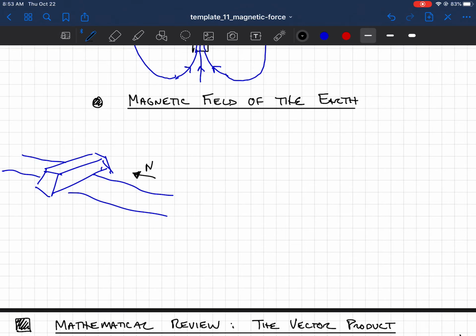If you're standing there with your compass, you will see that the compass needle points to the north. So the compass needle points to the north, which means that at least in the horizontal direction, the horizontal component, there's a magnetic field in Grand Rapids that points to the north, like that.